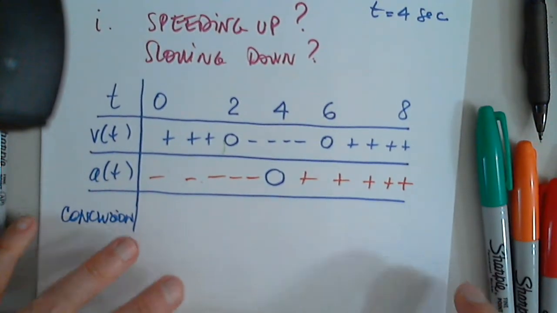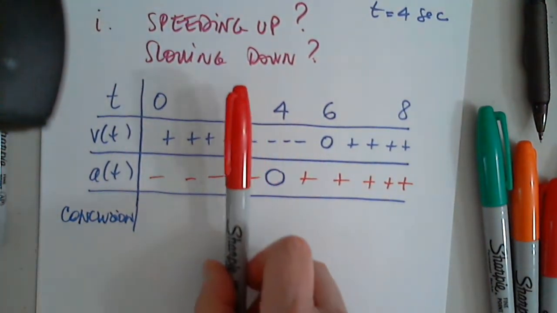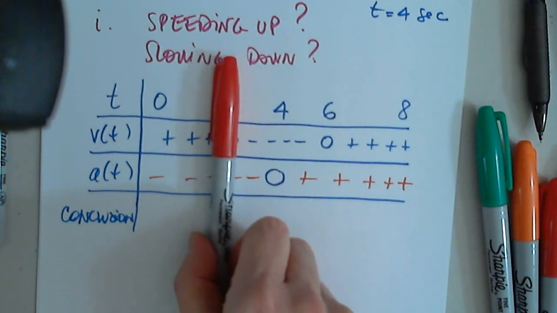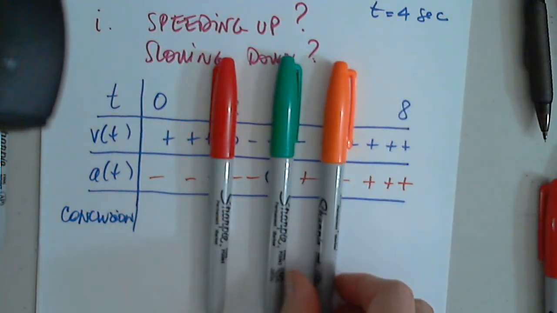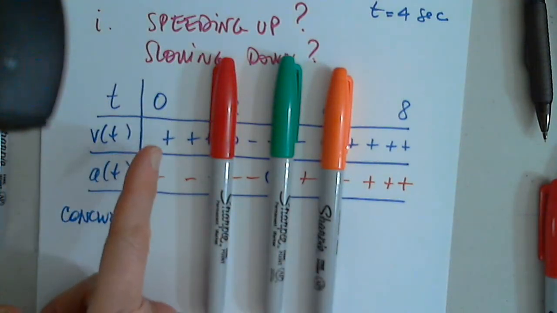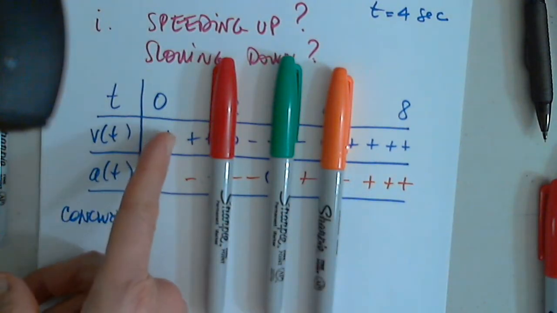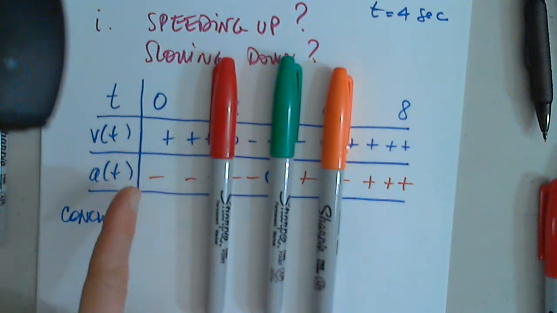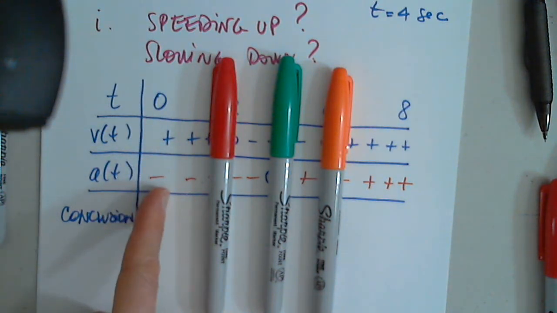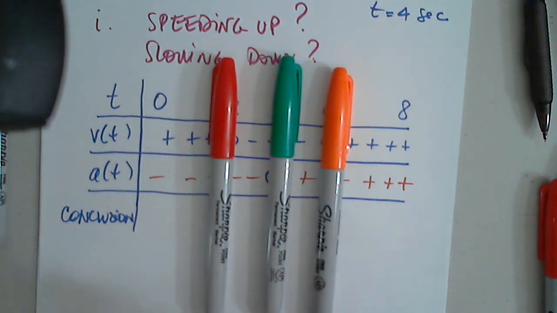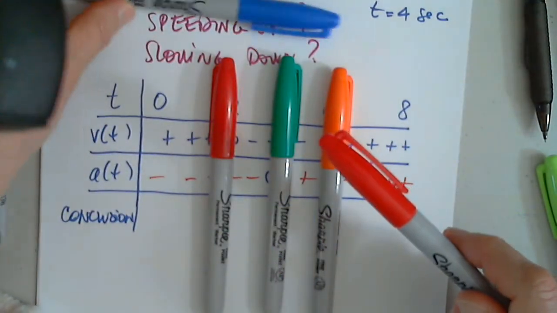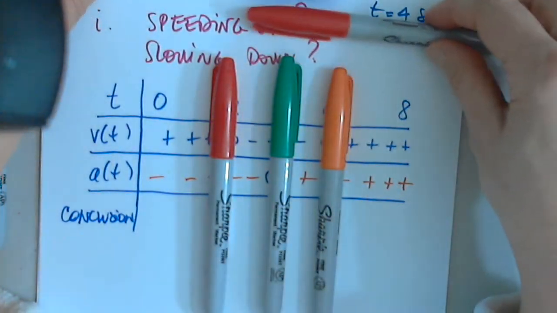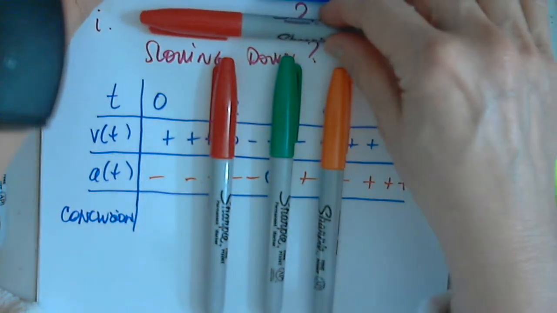Okay, and now I would like to explain what's happening here. As you see, there are several intervals. This is an interval in which the velocity is positive and the acceleration is negative, which means that this is the velocity force and this is the acceleration force.